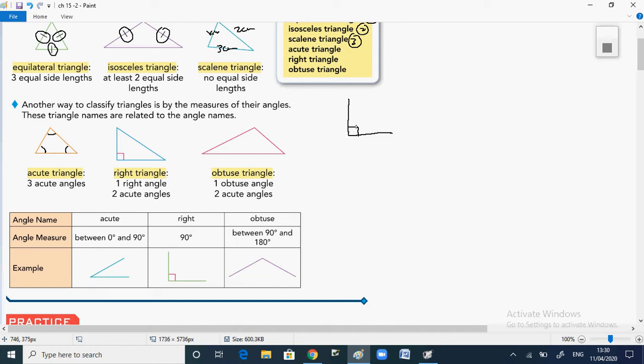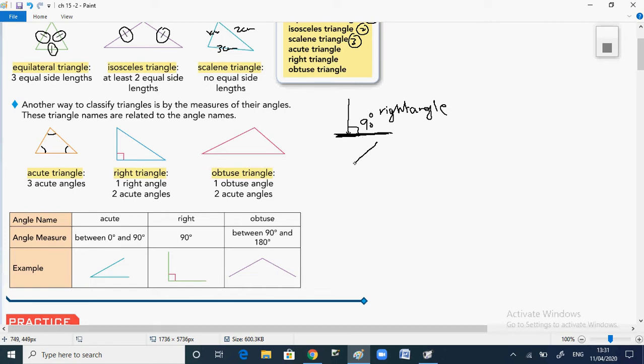This sign means this is 90 degrees. If this side is perpendicular to this side, that means vertical on the base, this side makes 90 degrees. This is called a right angle.